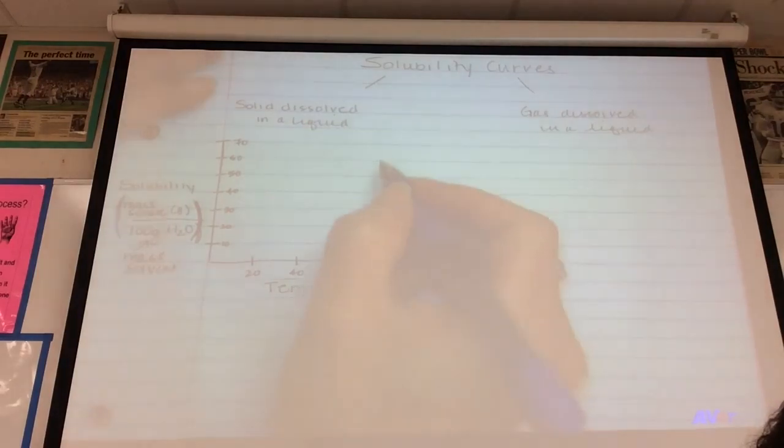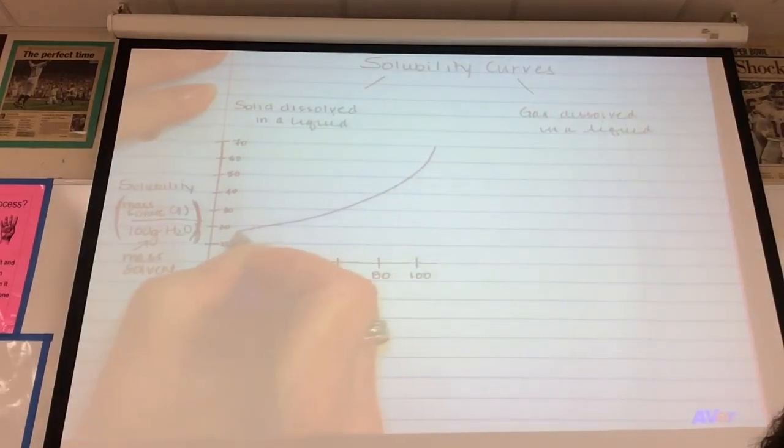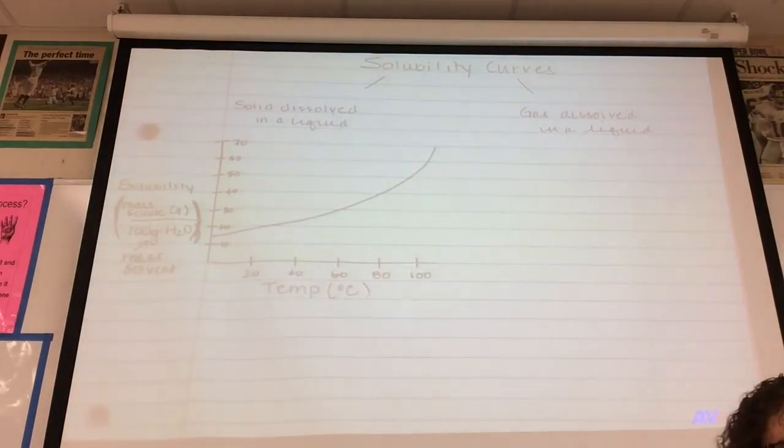And I'm going to generate a curve such as that one. So this would be some solute dissolved in 100 grams of water. So clearly it'd have to be water soluble.